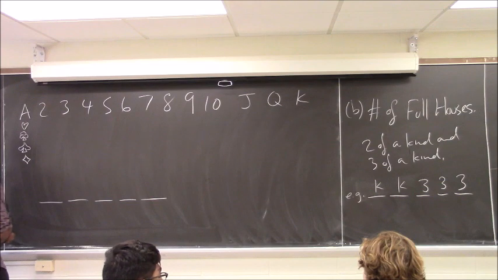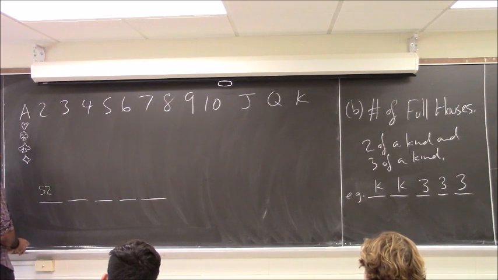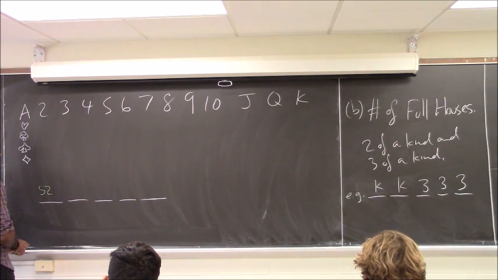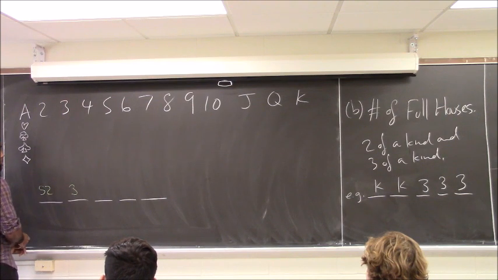So it's 52 in the first slot. And then the next two would be 1 because it has to be the same. So you can pick any of the 52, but then there will be only 3 that would go along with. Okay, and then?